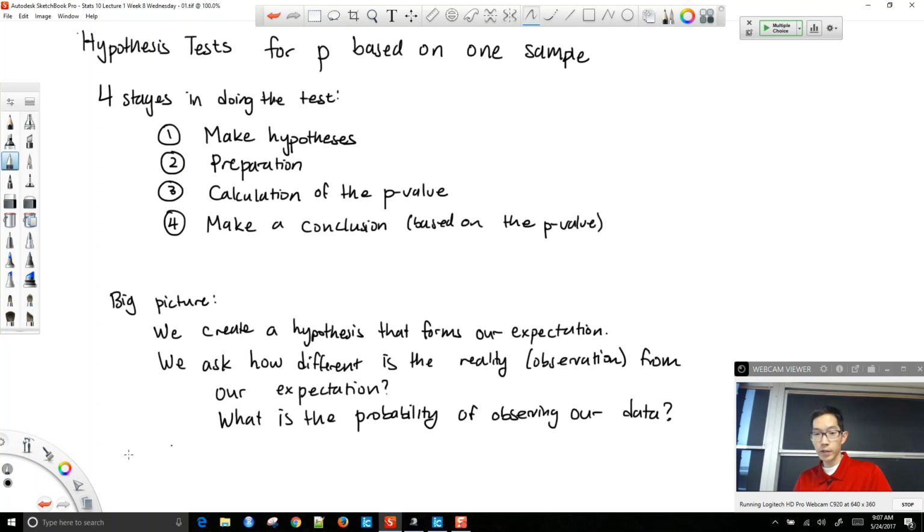If the probability of the data is high, that means we do not reject our hypothesis.